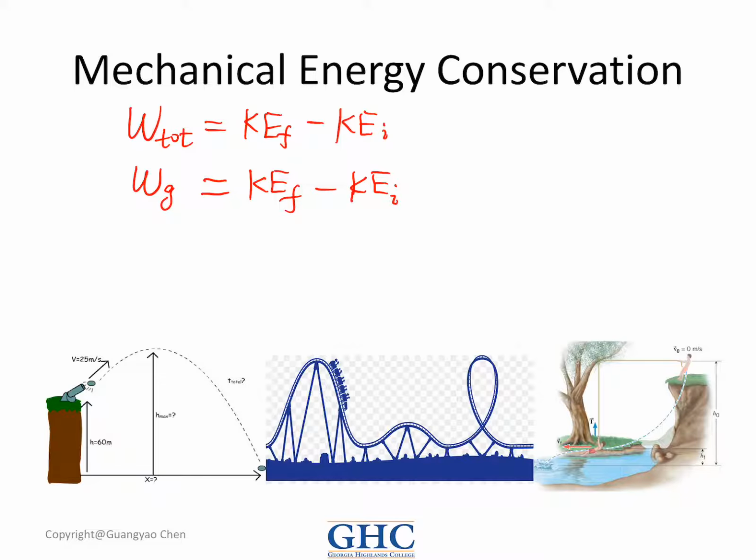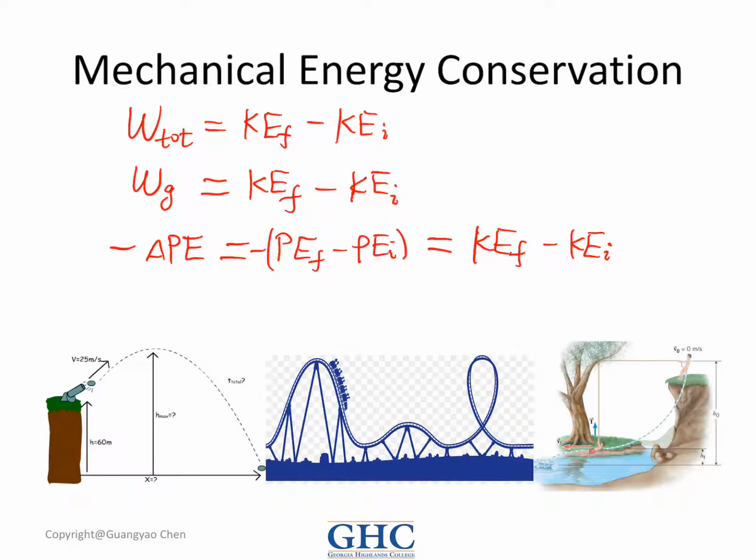And we also know work done by gravity is the negative of the change in potential energy from our definition, which means negative of final potential energy minus initial potential energy equals KEf subtract KEi.